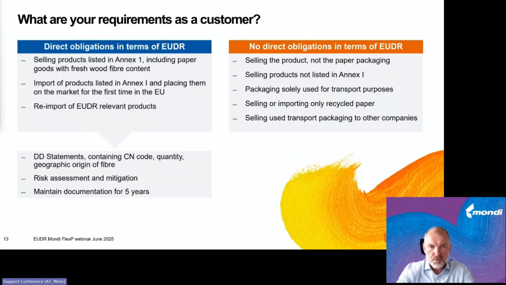Direct obligation in terms of EUDR, it's kind of a summary. It means that they are selling products listed in Annex 1 of the EUDR regulation, including paper goods with fresh wood fiber content, and it's really important to mention that. Second one, import. Obviously, if our customer is in the role of the one who imports the goods to the EU market, meaning the first entity placing such EUDR relevant products mentioned in Annex 1 on the EU market, there is again the obligation.